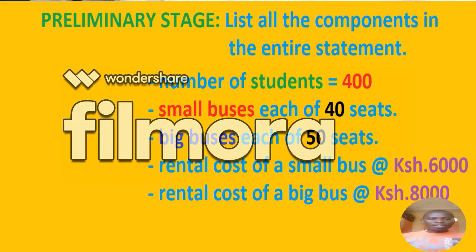The number of students given to be 400, small buses each of 40 seats, big buses each of 50 seats, rental cost of a small bus given to be 6,000 Kenya shillings, and finally rental cost for a big bus given to be 8,000 Kenya shillings. Let's proceed to the next step.